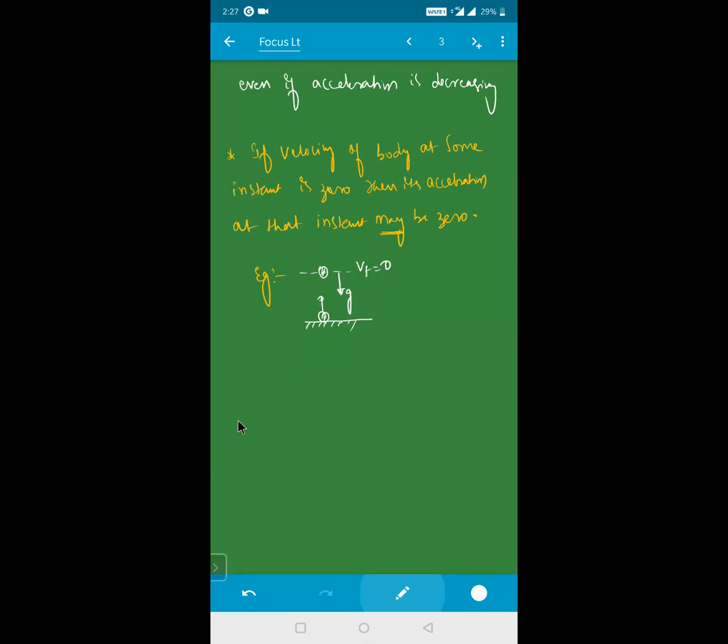Is that clear? At the highest position the velocity is zero, but the acceleration is not zero. The acceleration equals the acceleration due to gravity. So it may be zero, but it is not a compulsory condition. Is that clear for everyone?